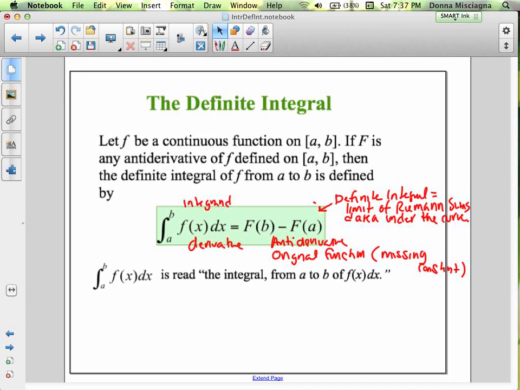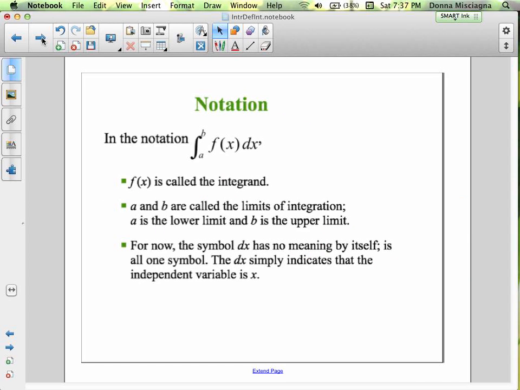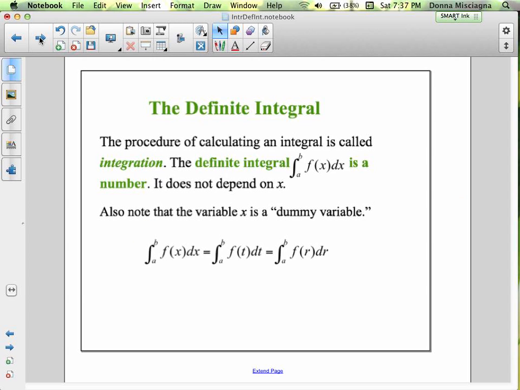So there's the limit of Riemann sums, there's integrating and evaluating, and now we have a third way. Actually, let's go to the third way, and then I'll come back to the notation.